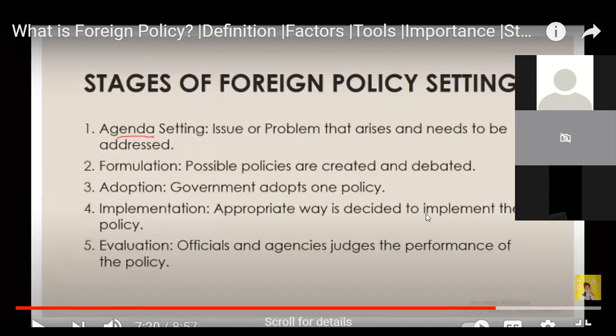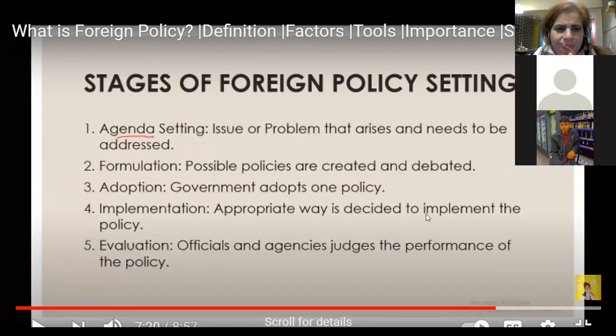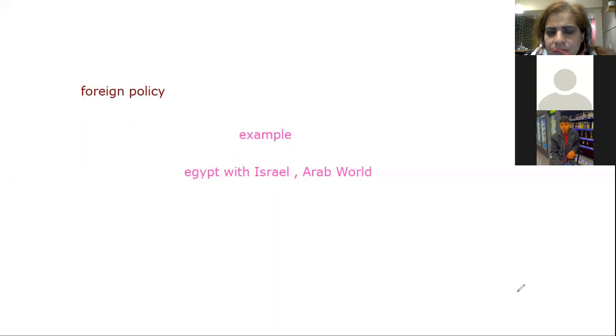Okay, so here we have the different kinds of foreign policies, tools and stages. Okay, let's go back to the tools. Let's put it on the whiteboard together. I want everyone to name me one tool that we talked about before for foreign policy.